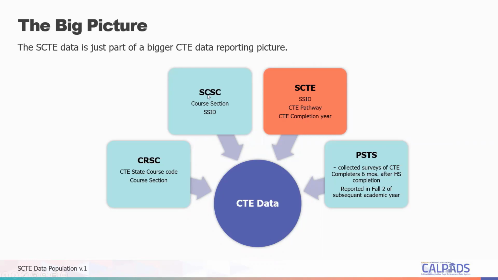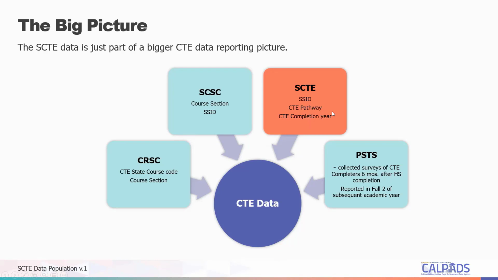The SCSC will contain the course section ID and the SSID that is associated to the student taking that pathway. And then the SCTE file will contain the SSID, the CTE pathway ID that the student is participating in, and if a student is a completer, the CTE completion year.